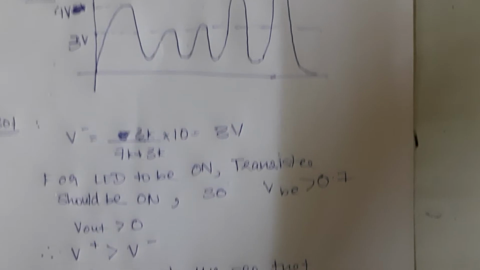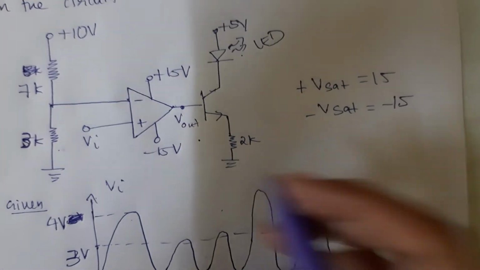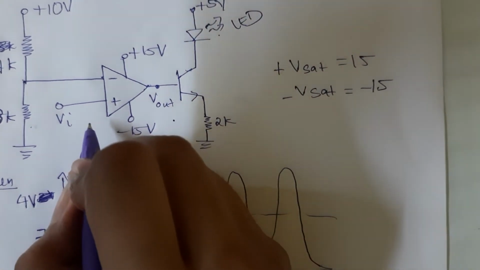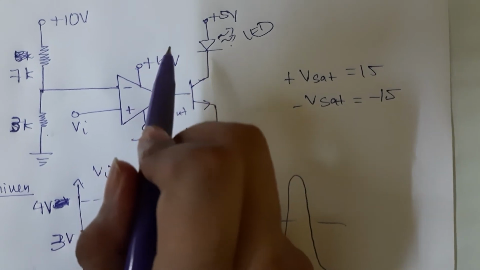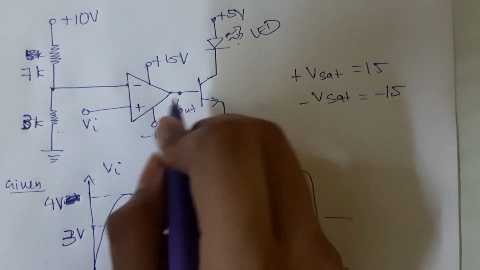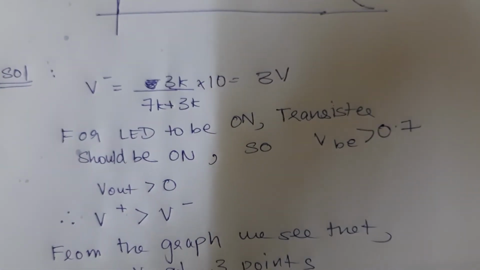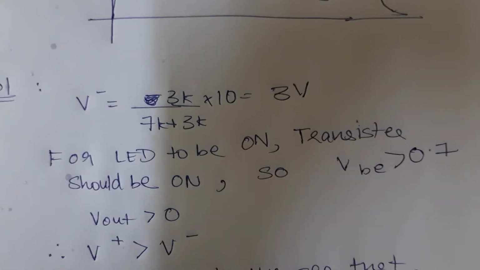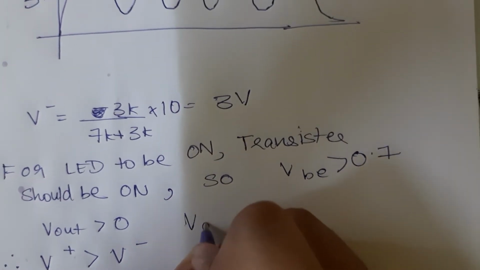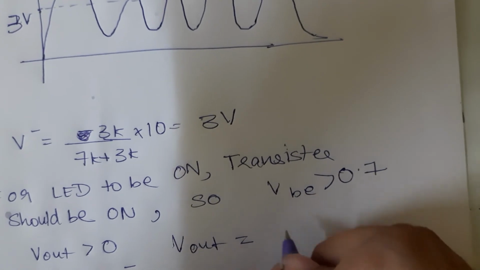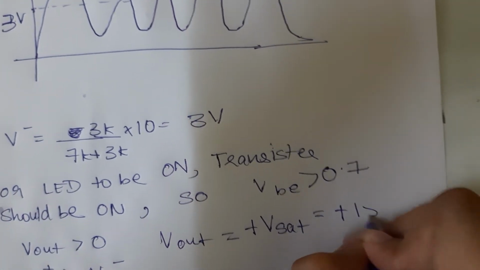So, for my Vout to be positive, V plus, that is voltage at the non-inverting terminal, should be greater than the voltage at the inverting terminal. Then my Vout will be plus Vsat according to the open loop configuration. So, V plus should be greater than V minus, then our Vout will be plus Vsat, which is plus 15.